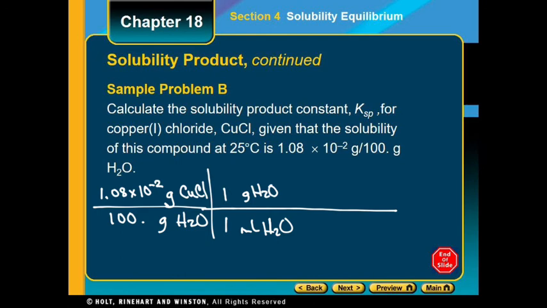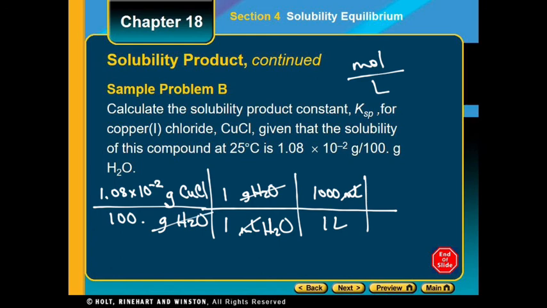Density is mass over volume. Now, if I want to get rid of milliliters, I know that 1,000 milliliters is in 1 liter. That is great. I have liters in my denominator now because I am trying to get to moles per liter.